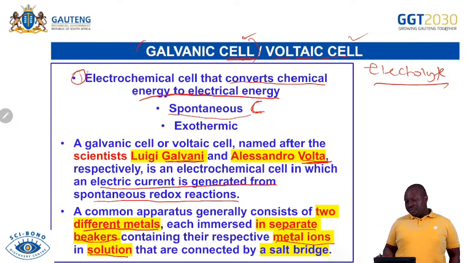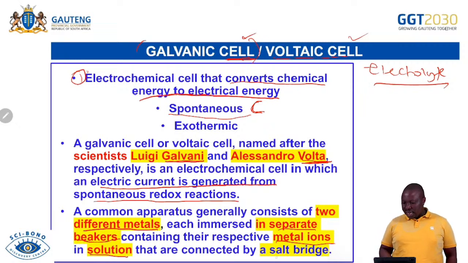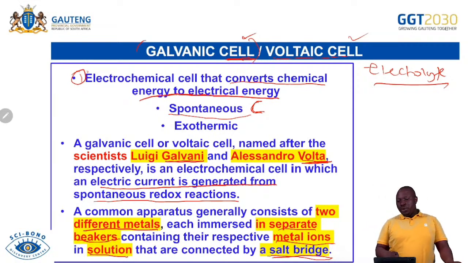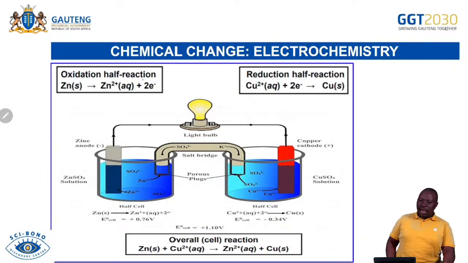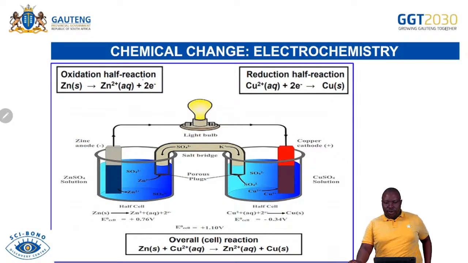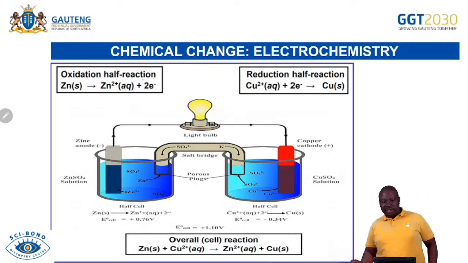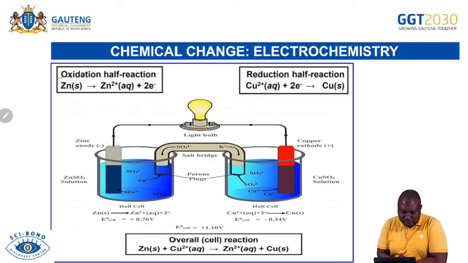The other thing which is very common and very important in a galvanic cell or voltaic cell is what we refer to as the salt bridge. Anyway, we're going to do examples, you'll be able to see what we're talking about. Now, this will be your chemical change, your electrochemistry. Remember what I was saying, we're having zinc here and we're having copper this side.